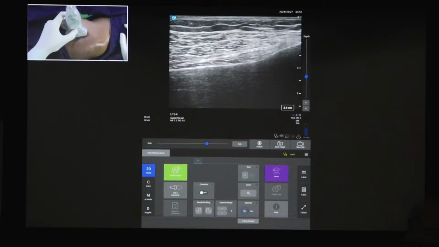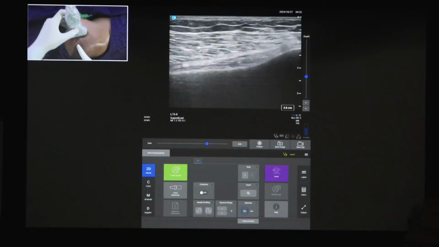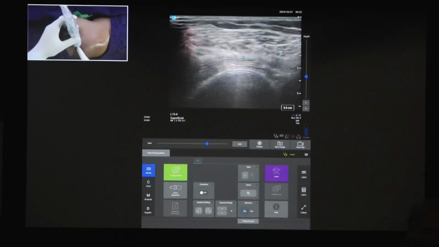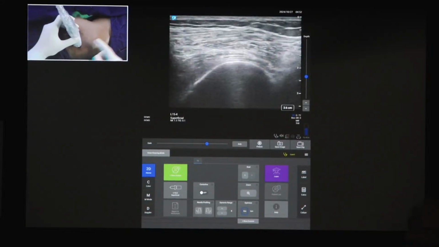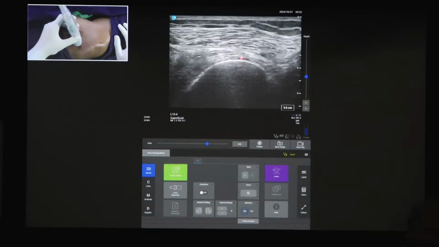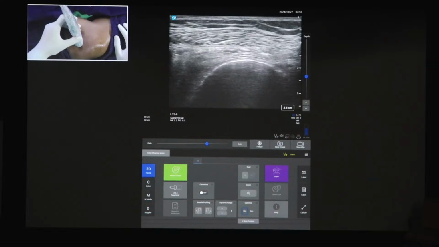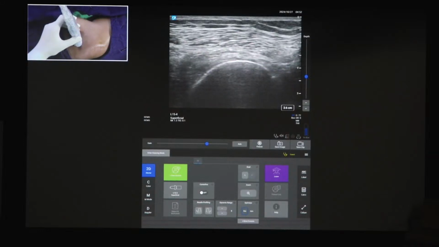So I'm just going to mark it, and this is a long axis scan to the femur, and I'll just make it short axis because we are going to do the RF ablation parallel to the nerve. Just try to identify the artery in a long axis so you can see the pulsation over the shaft of the femur there. And I'm just going distal to that, and I'll be giving local anesthesia.